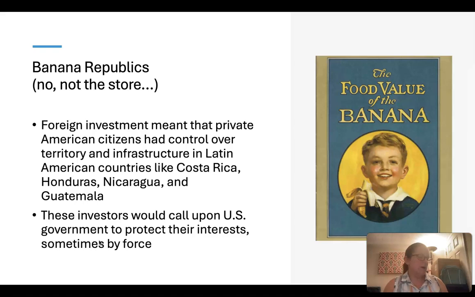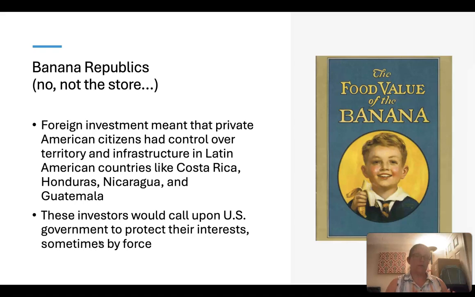An example of this was someone who is known as the uncrowned king of Central America, a man named Minor Keith, who helped to dominate industry and the economy of Costa Rica. Minor Keith had gone down to Costa Rica to create a railroad in 1873. This project of building the railroad in Costa Rica took 19 years, and it took hundreds of lives.